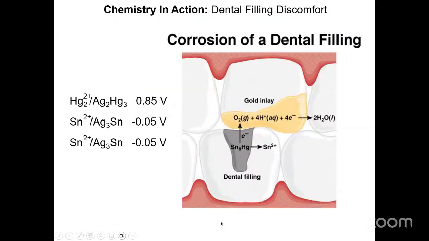So this is pretty much the end of the chapter. This is just an example of what we have learned in this chapter, how it applies to certain situations, such as the corrosion of dental fillings. Something that I've experienced myself, because when I was in Jamaica before I came up here, I had to see my dentist, because I was experiencing some pain, a toothache, and it turned out to be a decay. And he filled it with mercury amalgam, which is basically an alloy of mercury and tin, right?